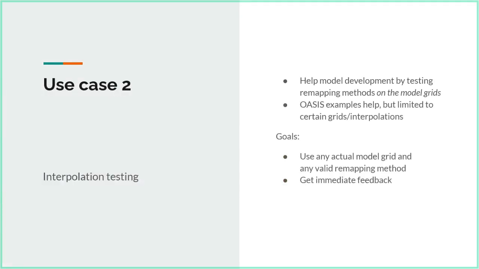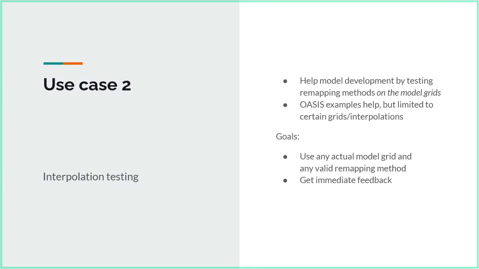All right, and very quickly, a second use case, and again, that's all based on the data model of the num-couple file. Once you have this, you can create nice tools. We wanted to check interpolation methods, and there are these OASIS examples in the OASIS source code, the interpolation tests, but they have predefined grids.